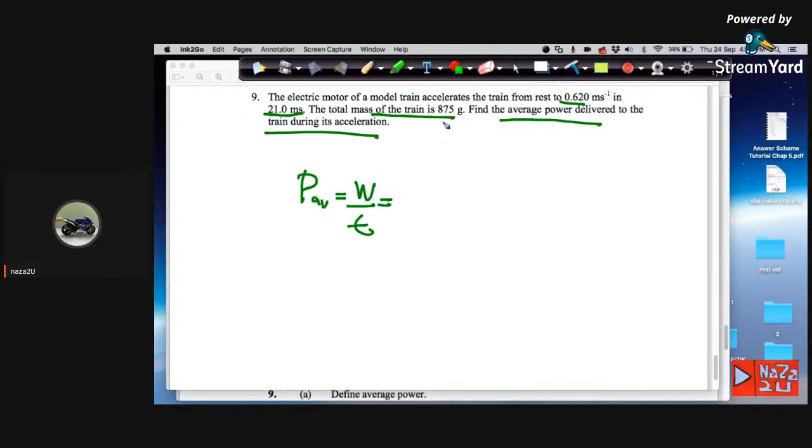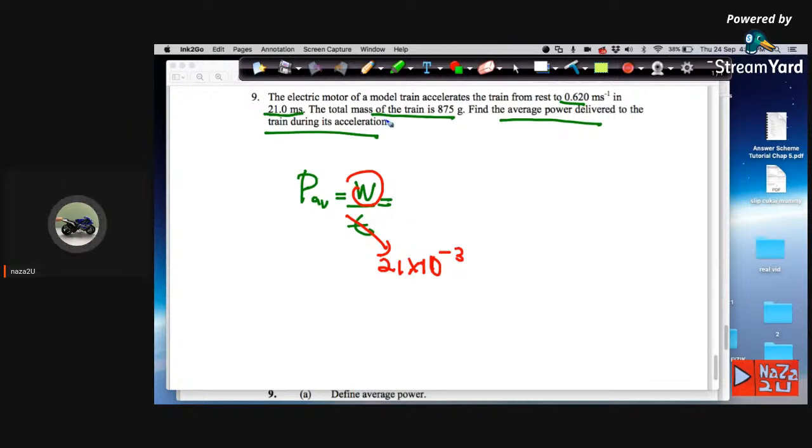So now the t here, ini dia sudah bagikan, the process ataupun aktiviti ni berlangsung selama 21 milli. Milli is times 10 power of minus 3, millisecond. So the problem here is the work.